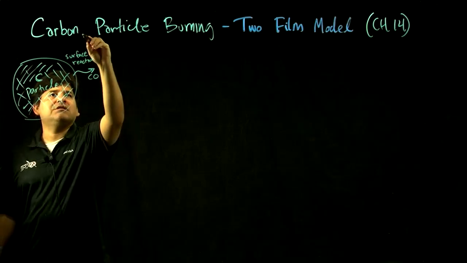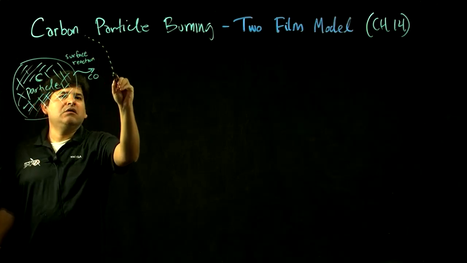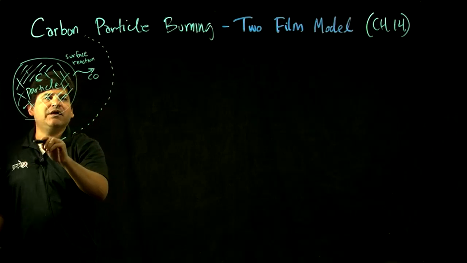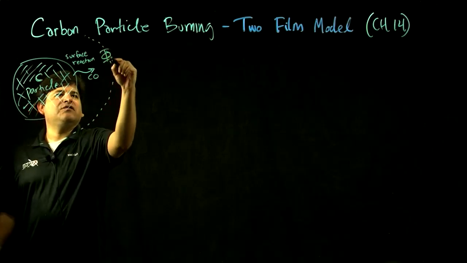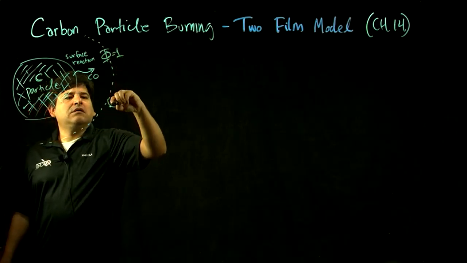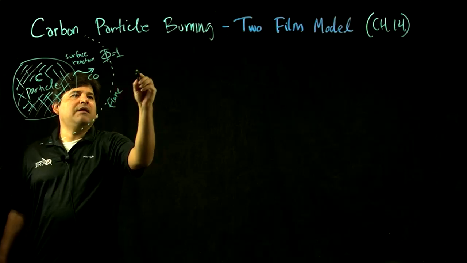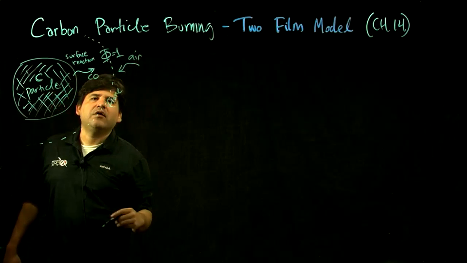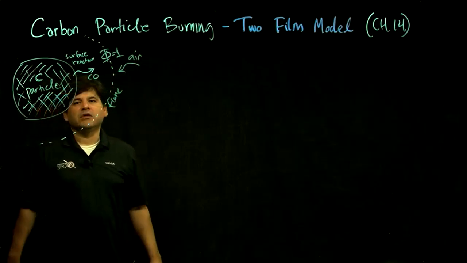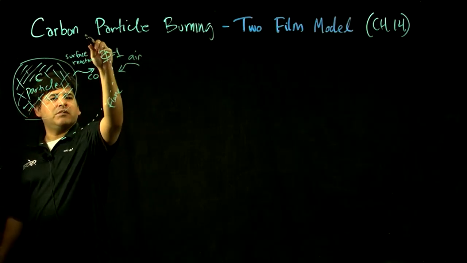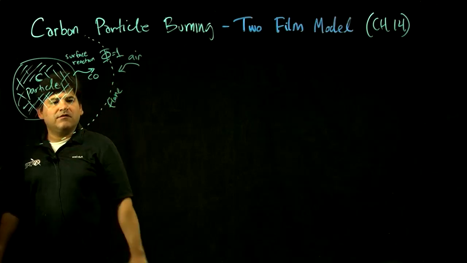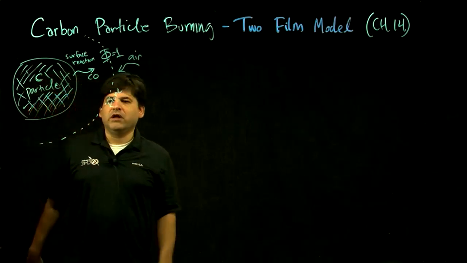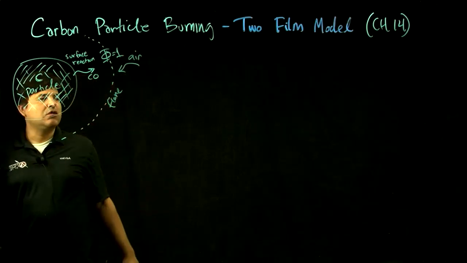That carbon monoxide is then the fuel for the flame, the diffusion flame. So here we have a diffusion flame, and it burns from air diffusing to the flame front from the surroundings. So this film is the surface, this film is the flame sheet at some given radius in radial coordinates.